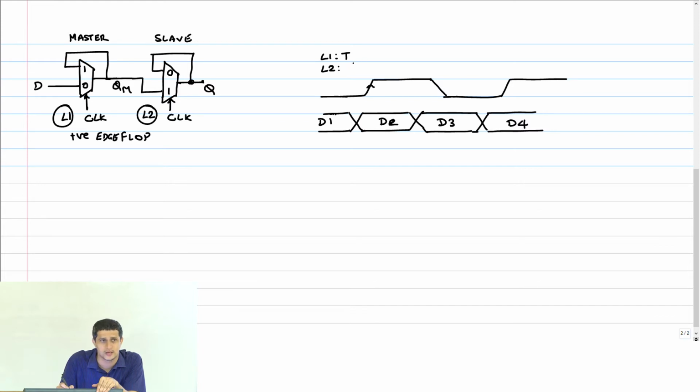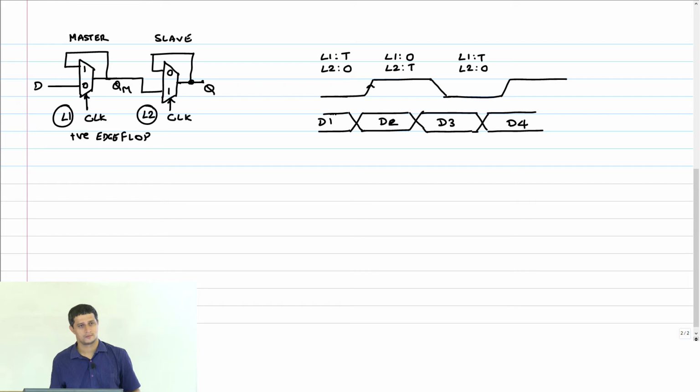It's a positive latch, right? Positive latch means in the negative cycle it's opaque. Data cannot go through. Similarly in the next phase, what's happening here? It's reverse: L1 is opaque and L2 is transparent. Okay, and this continues.